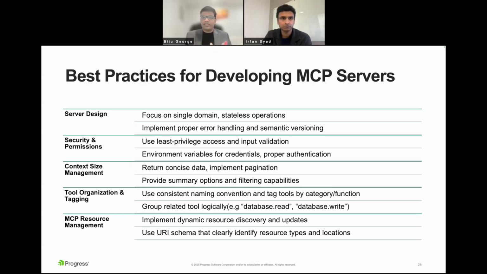Apart from that, there are standard best practices around context size management based on the LLMs being interacted with, appropriately tagging the servers, and proper resource management so that they can be discovered easily. Unambiguous determination of which tool to invoke can be done by the protocol or the tool recommendation. Those are the best practices around developing it.